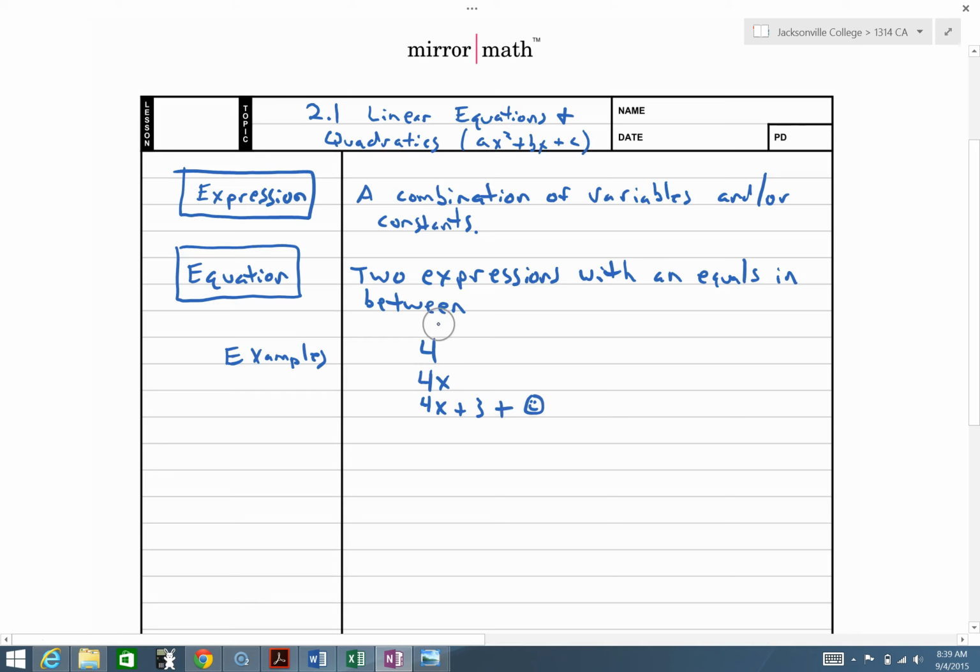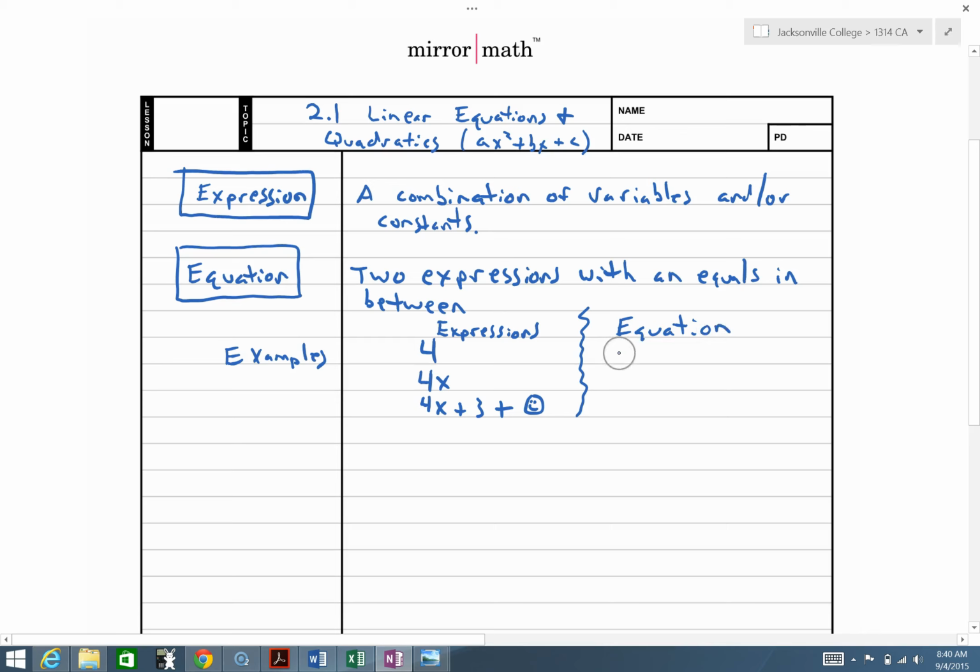All of these would be expressions, because it could be just a number, a constant. It could be a constant and a variable. It could be a combination. But what distinguishes an expression from an equation is the presence of an equal sign.